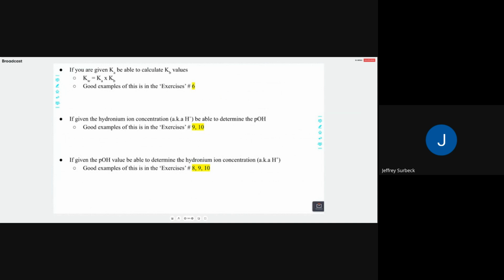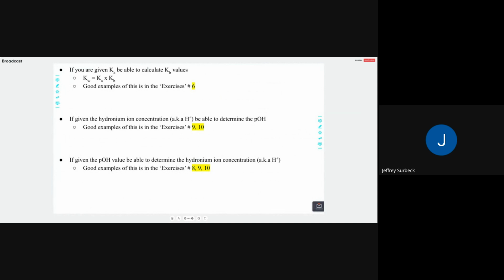So in this case, you would first find pH via pH equals negative log of that concentration. Then you would take 14 minus that number to get to your pOH. Okay? Questions on that type of question? These examples from those exercise packets work out really well.